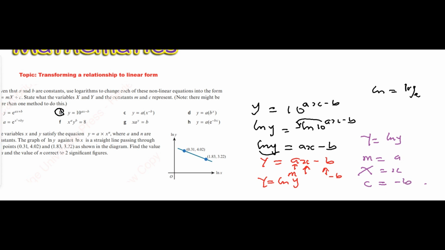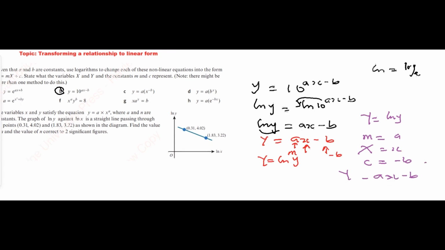And that is what you are asked to do. I have linearized this by writing ln y equals ax minus b. Very simple and straightforward. Just take ln of both sides.